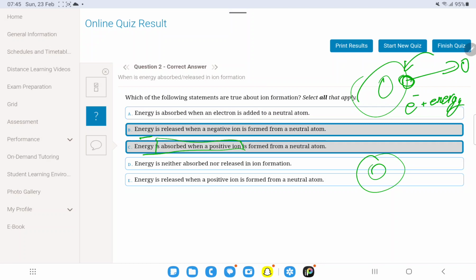And then in a negative ion, we have, for example, the electron alone with the energy absorbed in it. When we bring it close to the positively charged nucleus, the energy is going to release and it's going to get attracted. So released when negative and absorbed when positive.